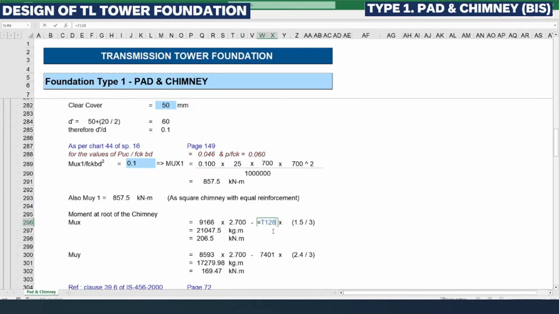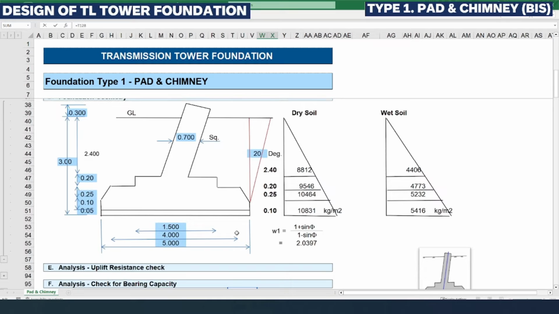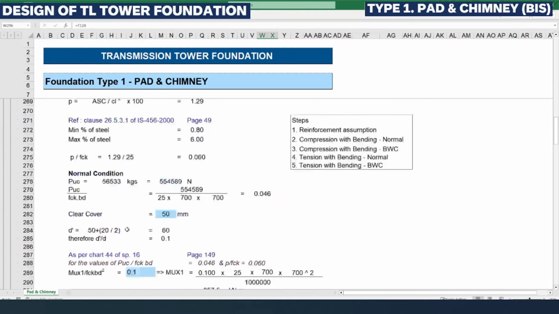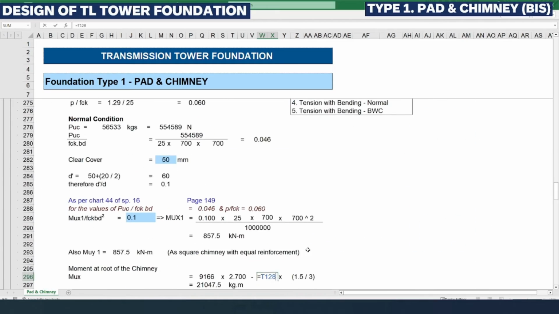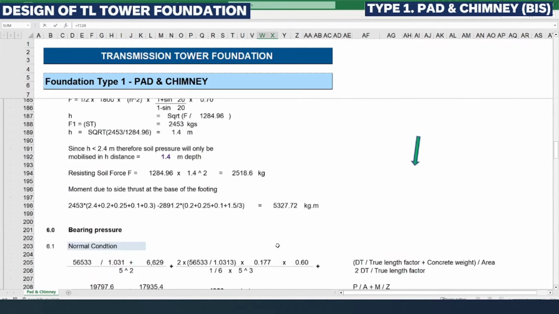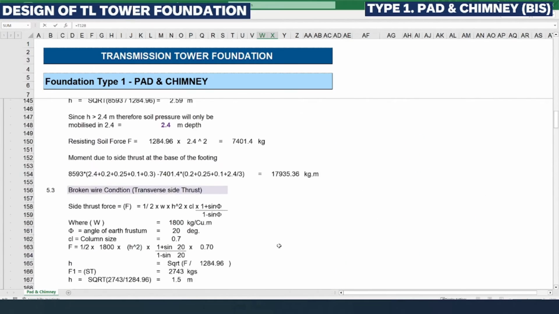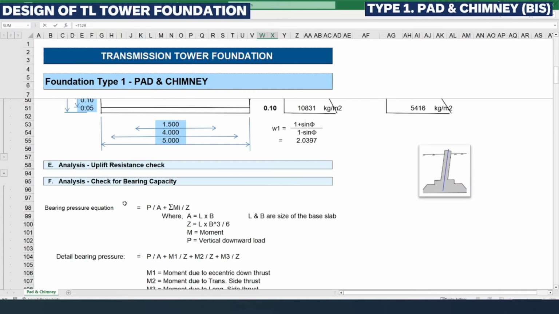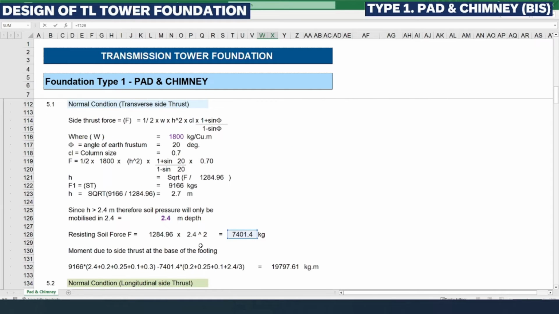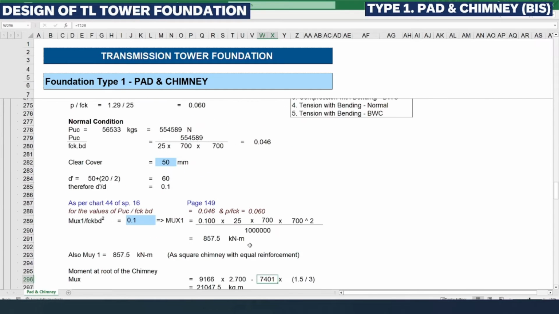Also we know that there will be some soil effect which we had calculated in the bearing capacity calculation. That soil effect also we need to consider, because the soil effect will resist the side thrust. So here the resisting soil force under normal condition for the transverse side thrust, which we had calculated under the bearing capacity check, we need to consider.